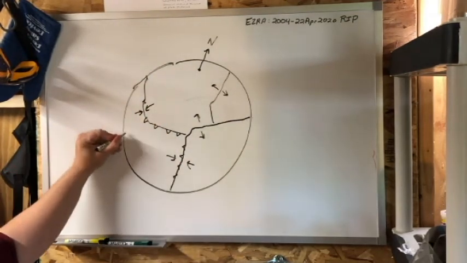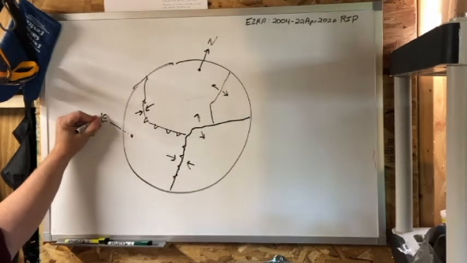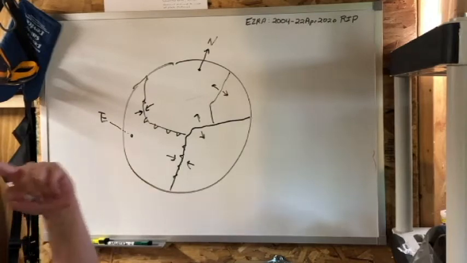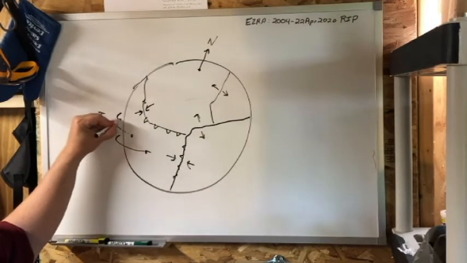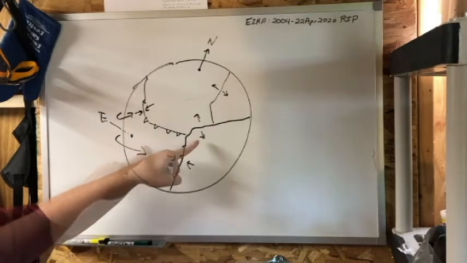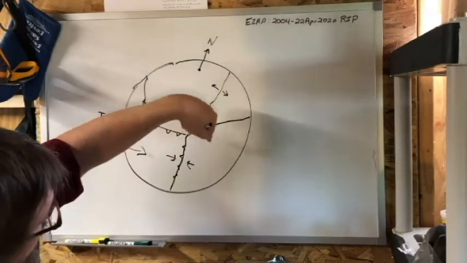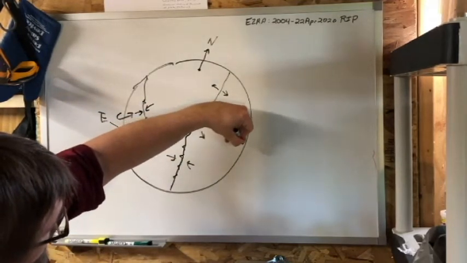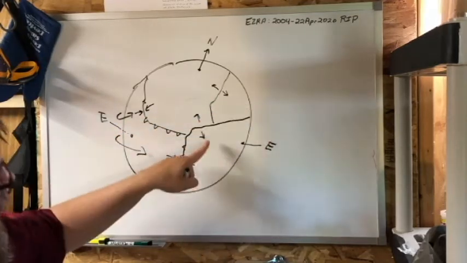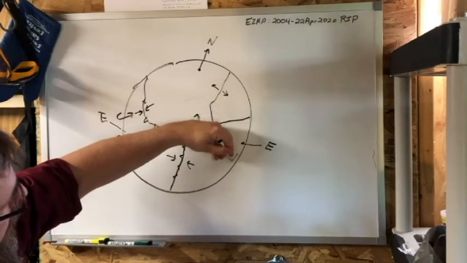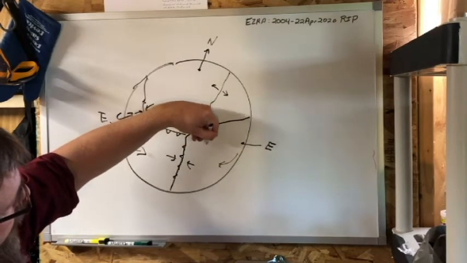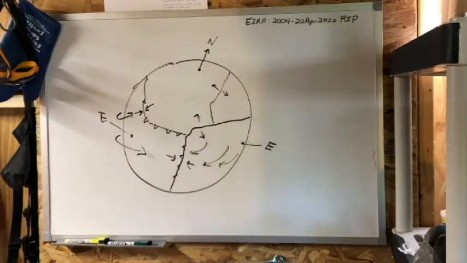So somewhere on the opposite side of the planet is an Euler pole at which this plate is rotating this way around. Here, same thing. This thing is moving, we'll just say the Euler pole is here on this one, at which way the plate is moving.